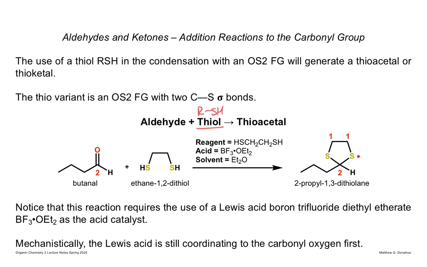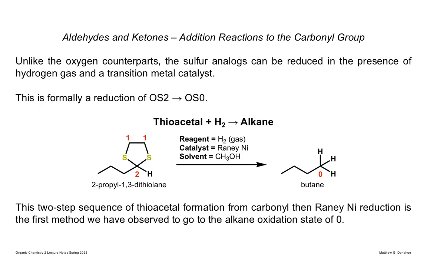Sulfur is a bit unique in the reason that you're learning this. You can take this compound at oxidation state 2 and then fully reduce it down to the alkane. You cannot do that with the oxygen version. So the analogous oxygen version would be this. So you've made the thioacetal.